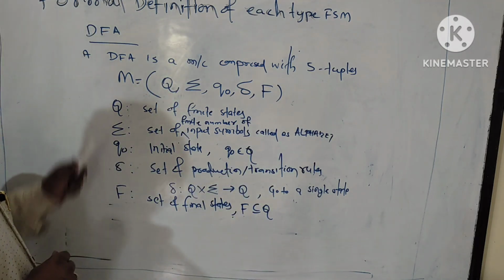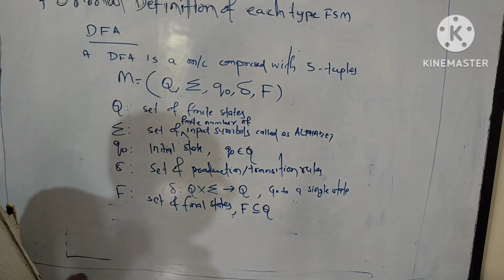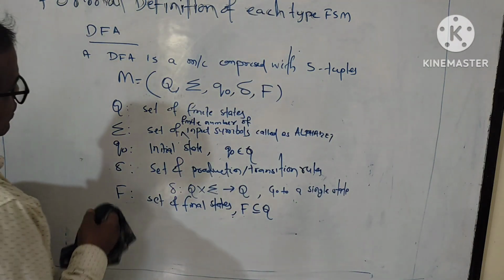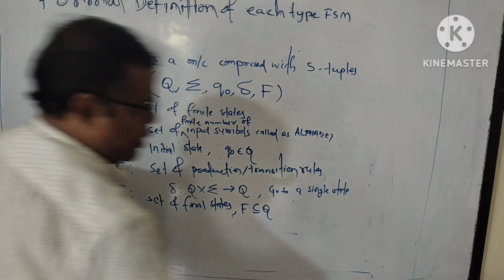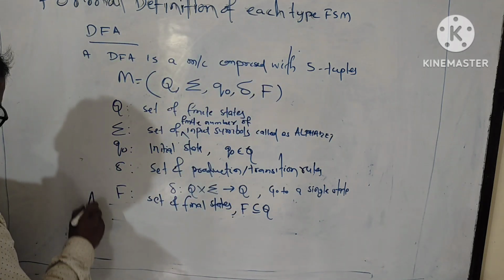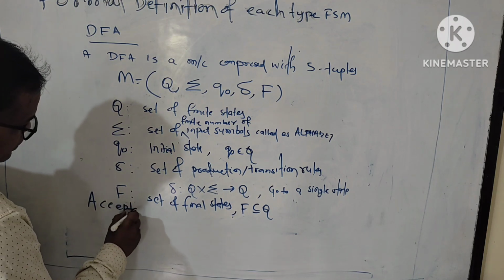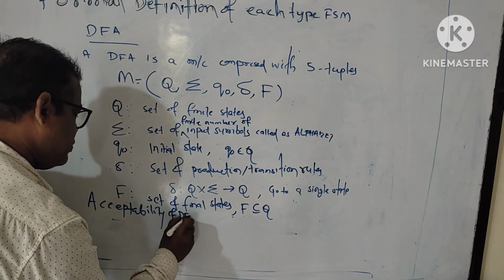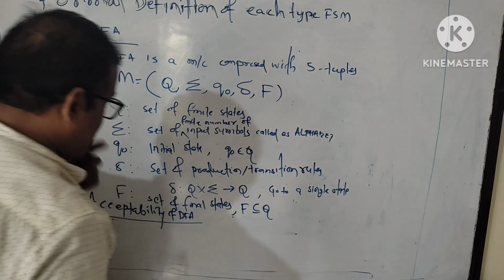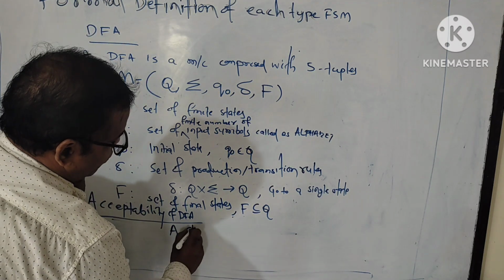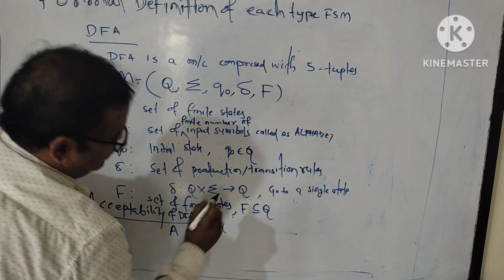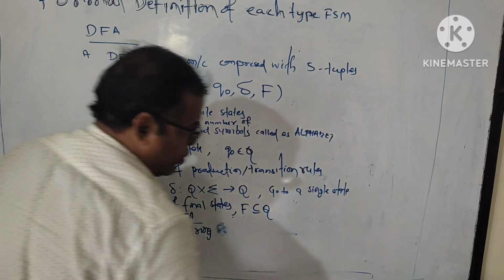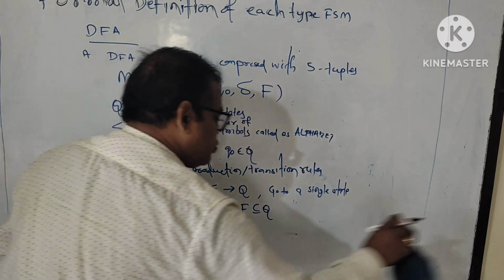Now let us talk about the acceptability of the DFA. So whom do you call acceptability of the DFA? Let us see here how you define this. I can write here the acceptability. A string X, better to write W, we are used to writing W for every book, almost all the books do write here.